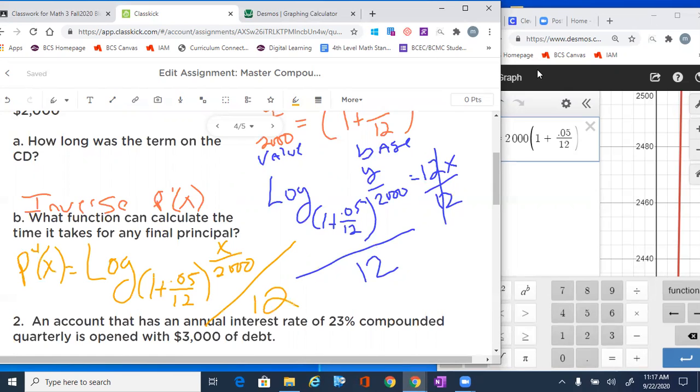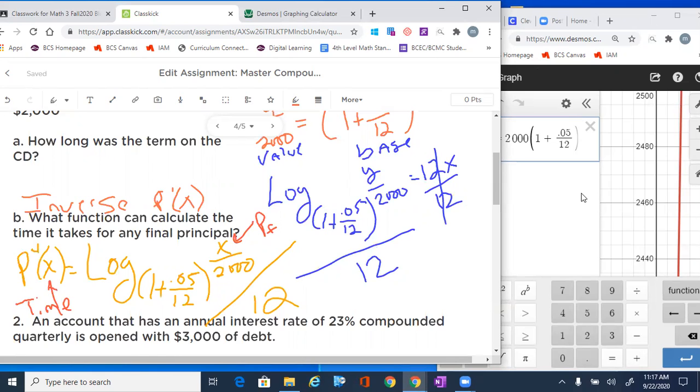Okay, and remember that since we flipped everything out, this is going to be our final principal, and this is going to be the statement for time, because this is an inverse statement.